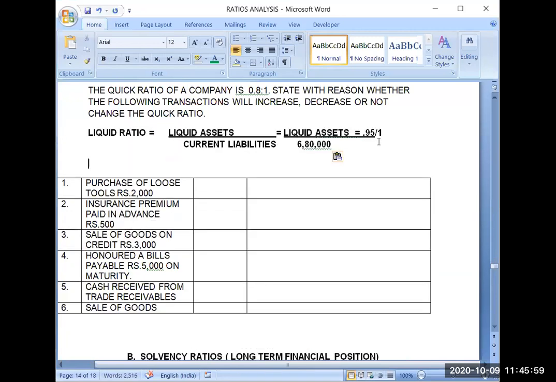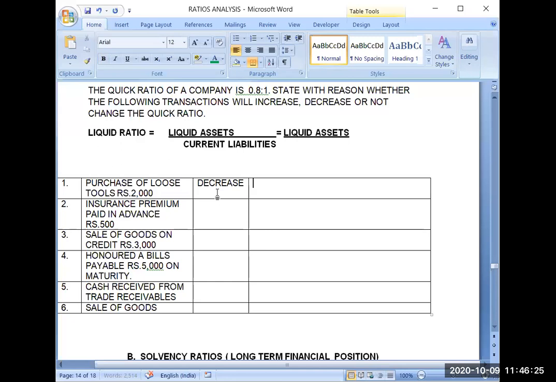So if I keep this formula here, your liquid assets are decreasing. So that's why your numerator is decreasing, but there is no change in the amount of current liability. So that's why your ratio will decrease. Your liquid ratio will decrease.